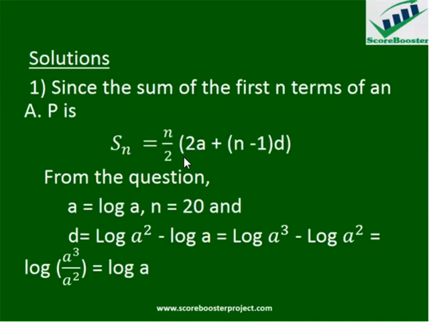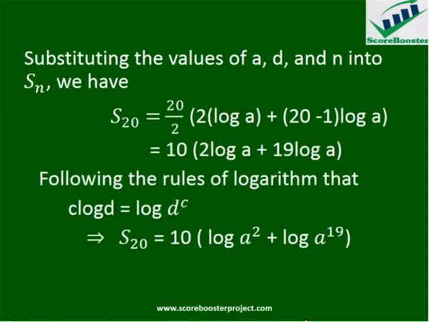Substituting a, d, and n into Sn, we have S20, since n equals 20, equals 20 over 2 into 2 log a, the first term, plus 20 minus 1 times log a, the common difference.